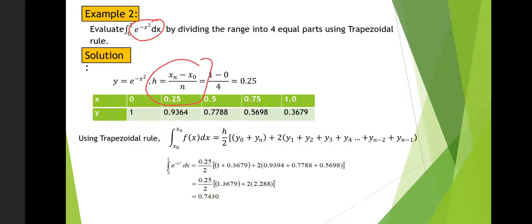Substitute the values in the trapezoidal rule formula. The first and last ordinates are taken only once and the middle values are multiplied by 2. After substituting all the values and simplifying, we get the integral from 0 to 1 of e power minus x square dx equal to 0.7430. So the approximate value of the integral is 0.7430.